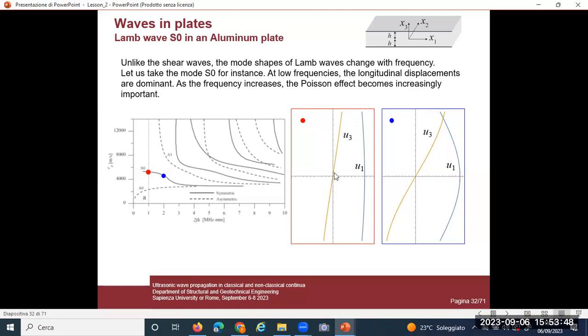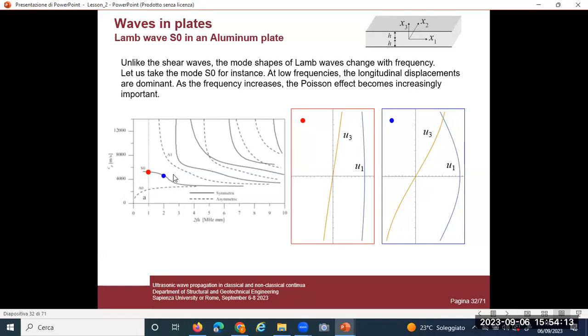But this is not all. You see that it's got also displacement along U3. U3 means that it contracts and it expands. Like a Poisson effect, this is exactly the Poisson effect. You see, it expands and contracts in space, like that.